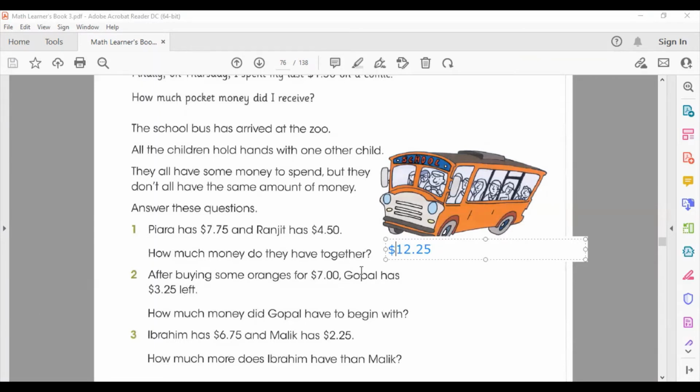Okay, after buying some oranges for $7, Gopal has $3.25 left. How much money did Gopal have to begin with? Again, we need to plus: 7 plus 3, 10, $10.25.